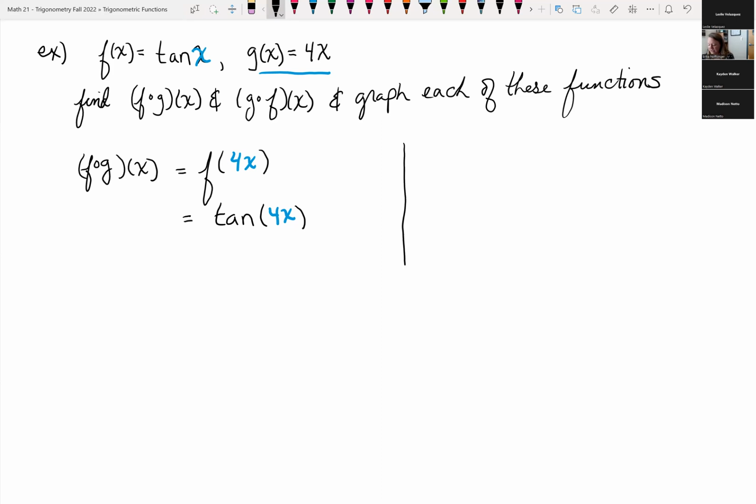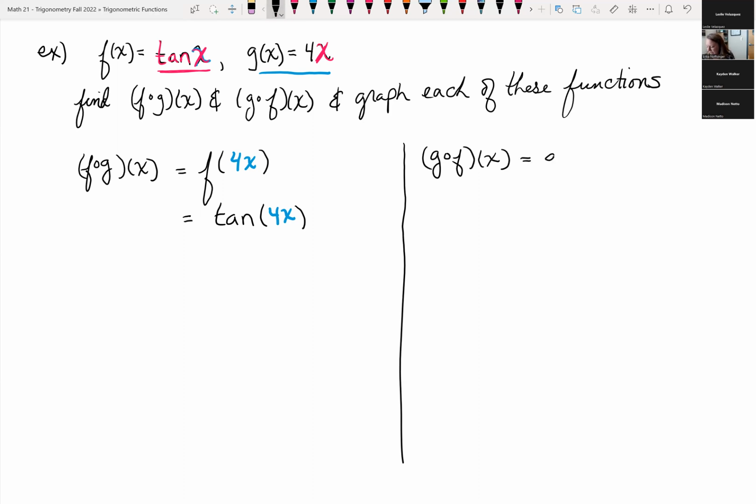So normally, composition of functions, order matters. You're not going to get the exact same thing if you change your order, usually. So looking at g of f of x, this is saying we're taking our equation, this time tangent of x, and we're going to plug this in whatever we see an x in g of x.